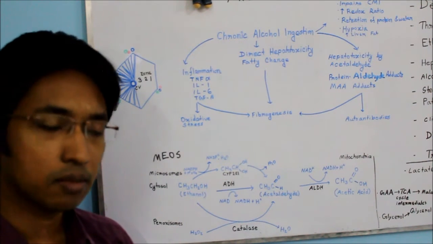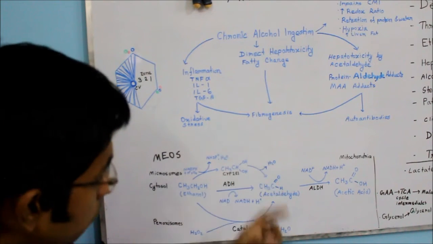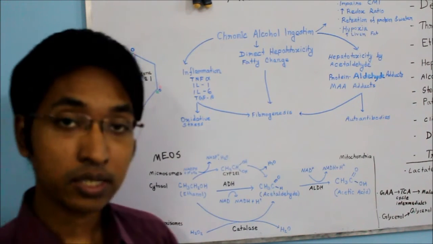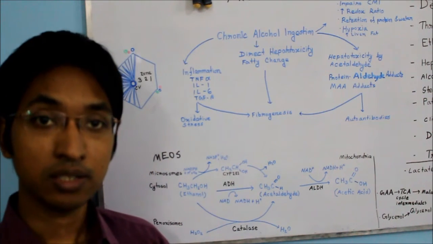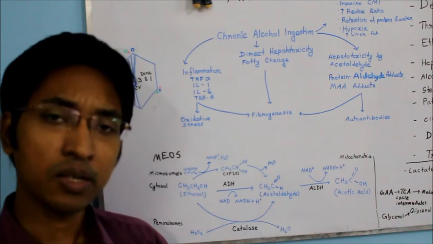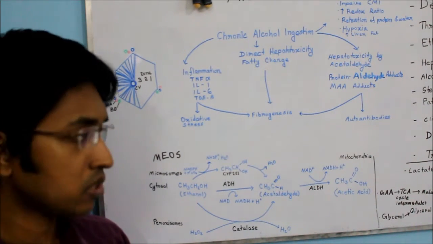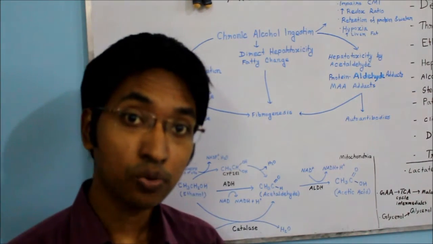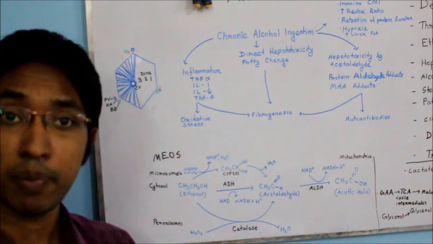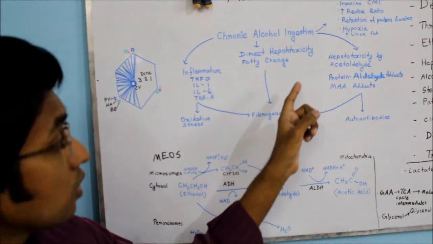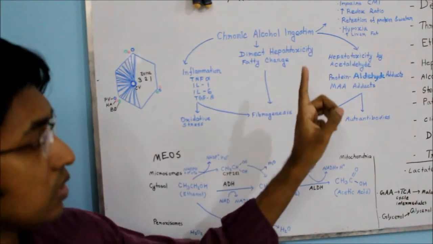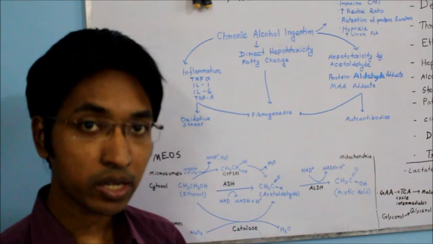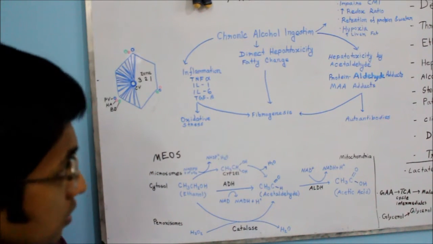The fourth mechanism that we will talk about is fibrogenesis, and this will happen due to activation of the hepatic stellate cells. In your textbook you will see that hepatic stellate cells can be activated by various stimuli, for example damaged hepatocytes, malondialdehyde acetaldehyde adduct, activated Kupffer cells, and the direct toxic effect of acetaldehyde.